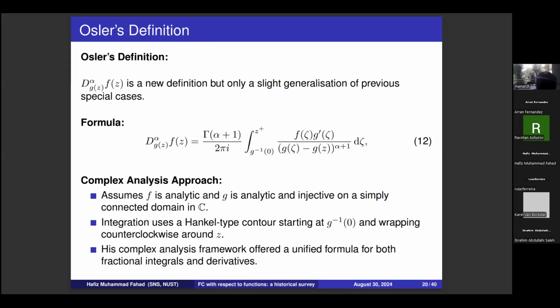This approach assumes that both the functions f and g are analytic, and it also employs a Hankel type contour in the complex plane for integration. So this framework of Osler's provided a more comprehensive understanding of fractional calculus.